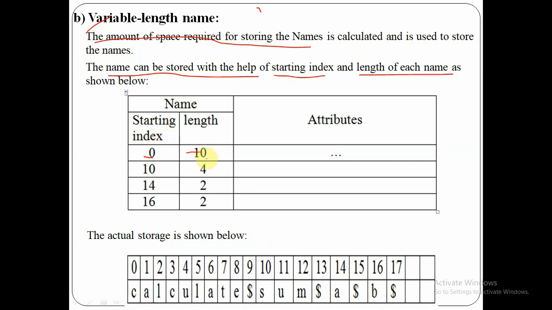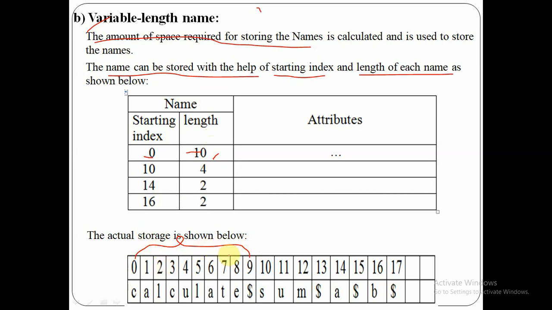The reason is it also contains the end of the name character also. See here, the calculate name is going to be stored in the symbol table from 0 to 9 indexes of the array.